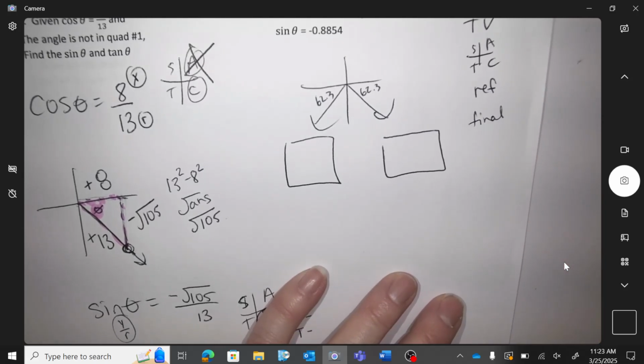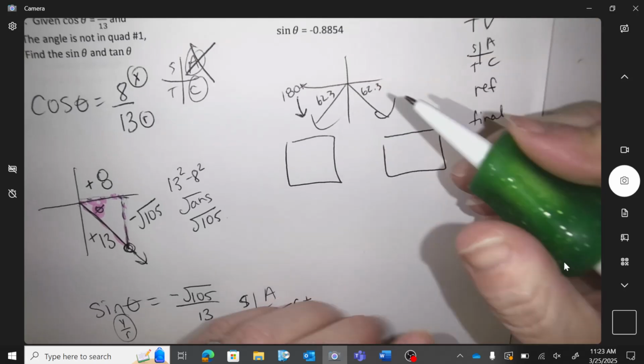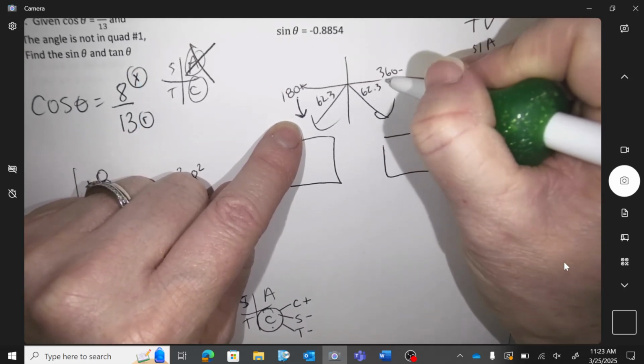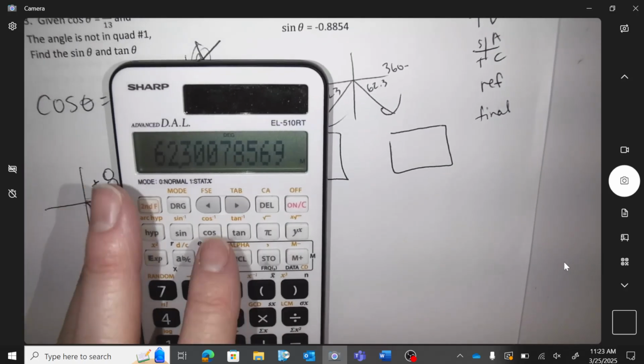And fourth step, finalize it. So this answer would be bigger than 180, and this answer would be smaller than 360.